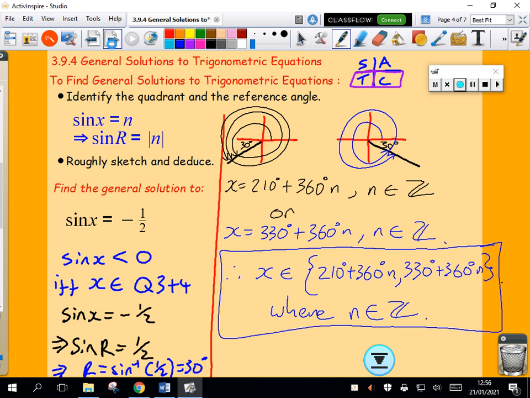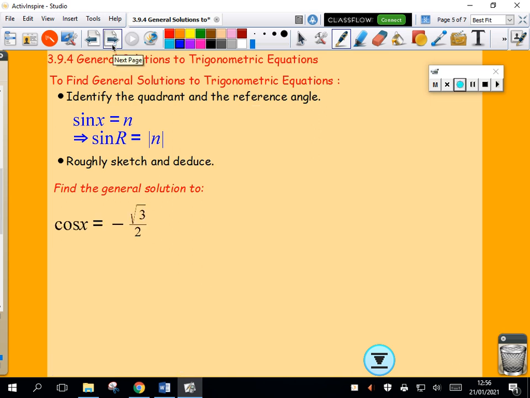Let's look at a similar question using cosine. I want to find the general solution. Two steps: identify the quadrant and the reference angle, and then roughly sketch and deduce. That's it, really. So here we have cosine is negative. Cosine of x, remember, will be negative in what quadrant?